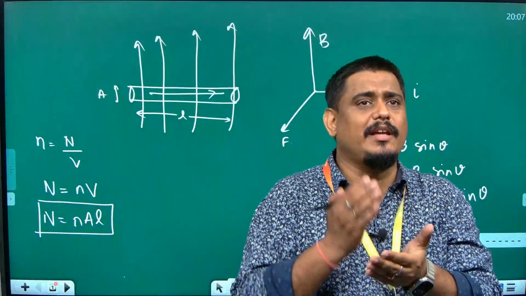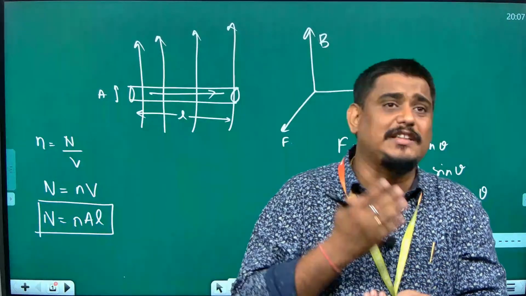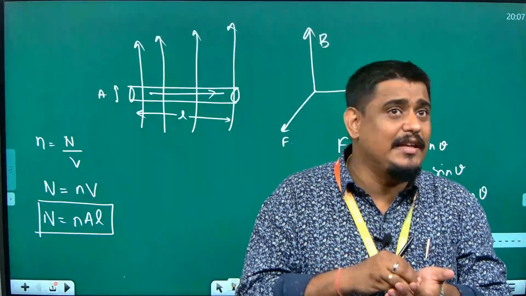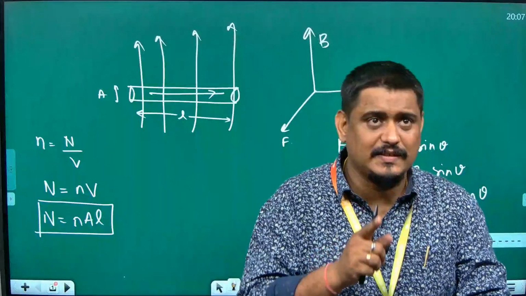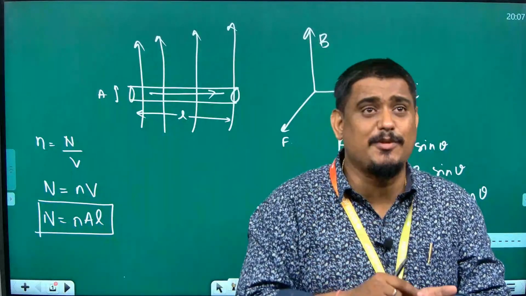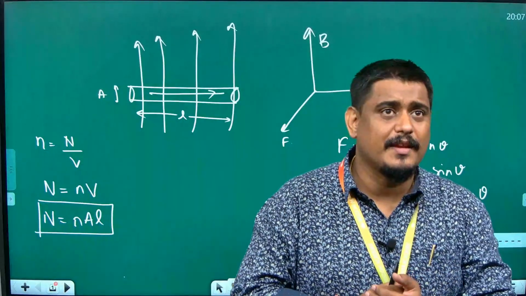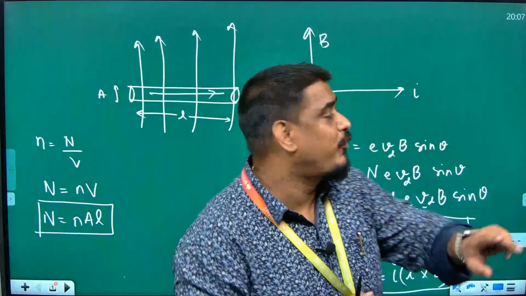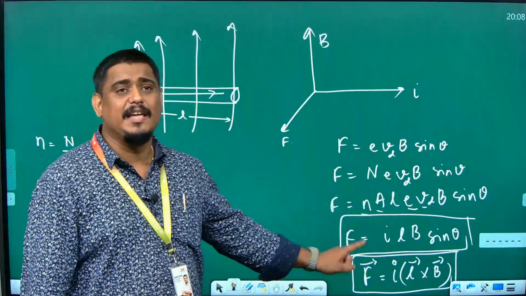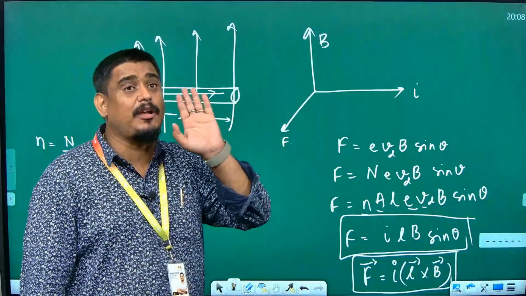Based on the electric field direction, there will be a force acting on the charged particle because F is equal to QE, and that will change the velocity of the charge. If the velocity of the charge is changing, its current will change because I is equal to neAvd. If the current changes, the force changes. So the force may increase or decrease depending on how the electric field is acting.